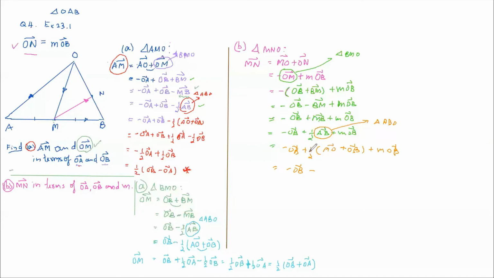Minus times plus 1/2 gives negative 1/2 OA. Then OB we don't need to change, so it becomes half of OB plus m OB.